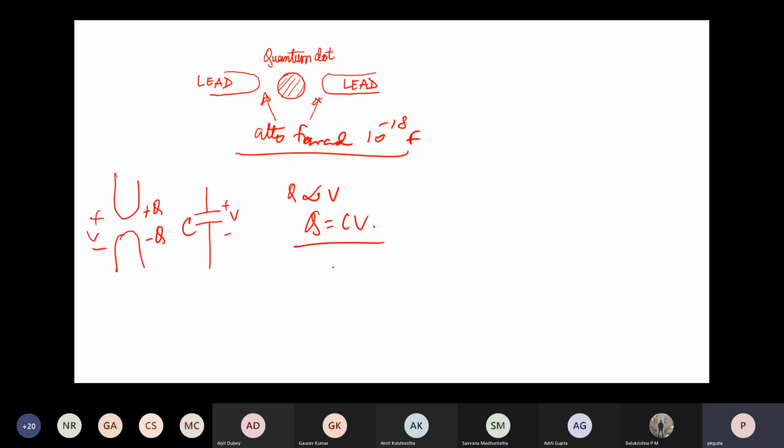And the electrostatic energy stored in the capacitor, E, is equal to half CV squared, or Q squared over 2C.